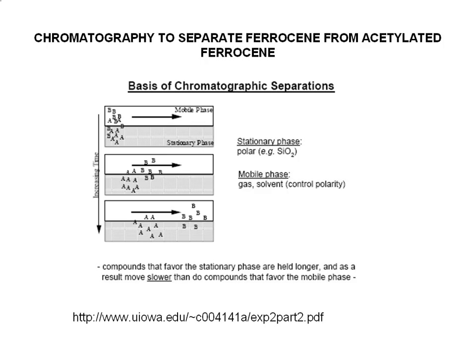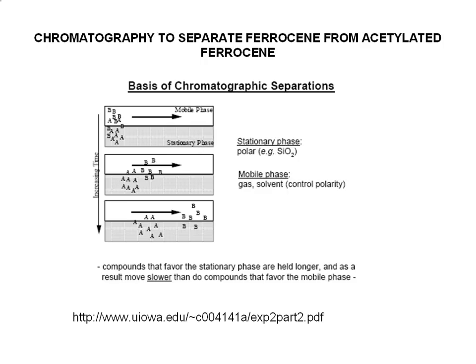All chromatographic separations are based on the balance between how strongly compounds to be separated adhere to a stationary phase versus their affinity for the mobile phase. So compounds that favor stationary phases are retained for a longer time, and as a result they move more slowly down a column than do compounds that favor the mobile phase.